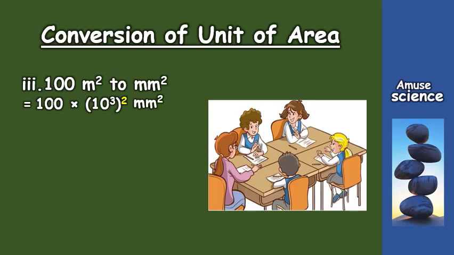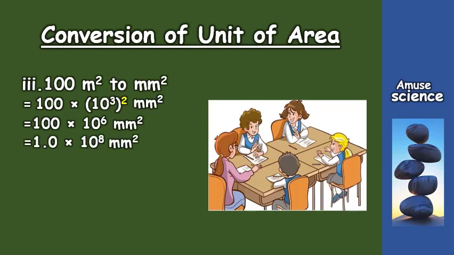Now let's apply indices here to find our final answer. We are going to get 100 times 10 exponent 6 millimeter squared, and converting this to standard form, we are going to get 1.0 times 10 exponent 8 millimeter squared.